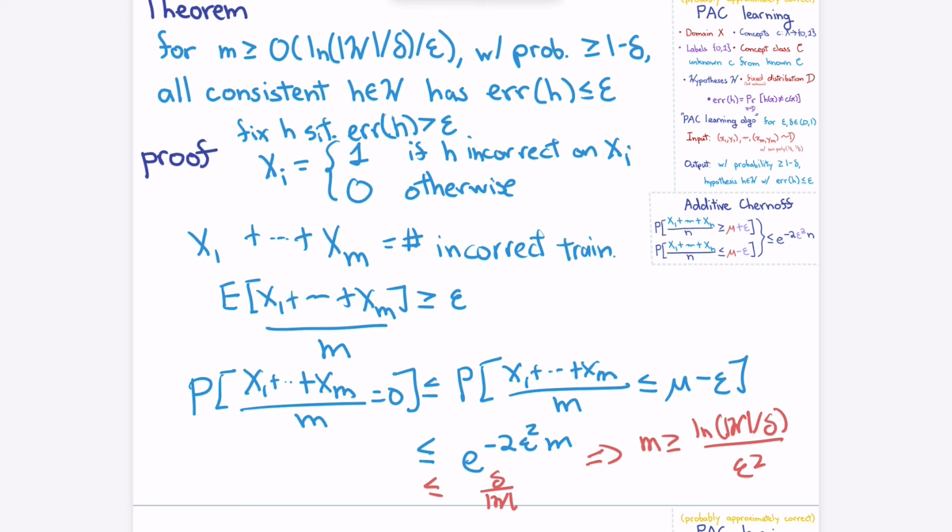And that's enough to take a union bound over all the hypotheses. That's why we'll have the H over delta. That part's actually correct. The problem is that this epsilon squared is too weak. Yeah, so the sampling is coming from the true distribution. So what do we do wrong?